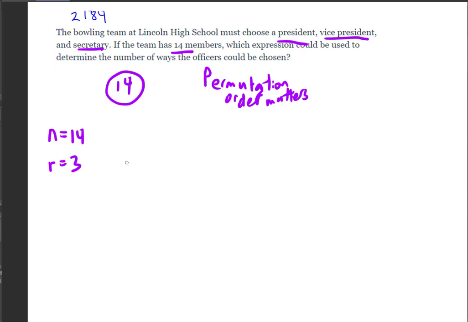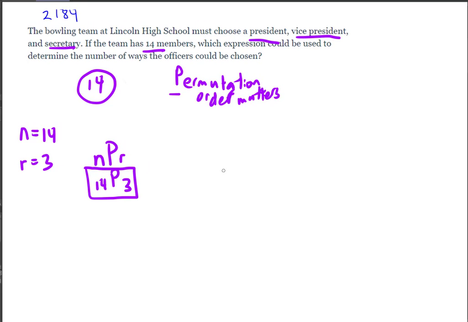So what this really is, is an example of what we call nPr. That P stands for permutations, right? And the n value is going to be 14, so it's going to be 14Pr. The r value is 3, so 14P3. Now you're probably wondering why I'm writing it like this, and there is a good reason for me writing it like this. But before I get to that good reason, I'm going to go ahead and do the actual math, because I just like math.